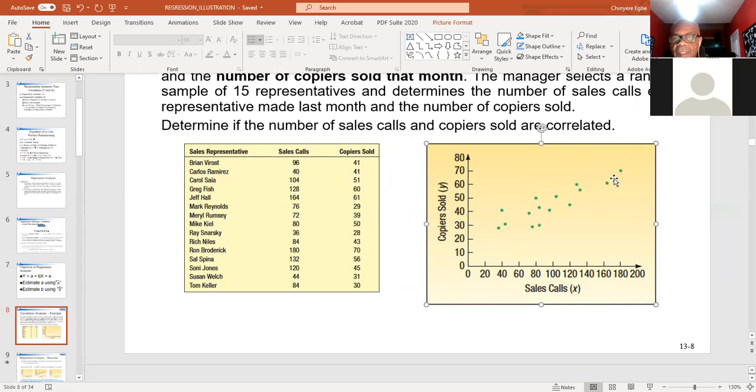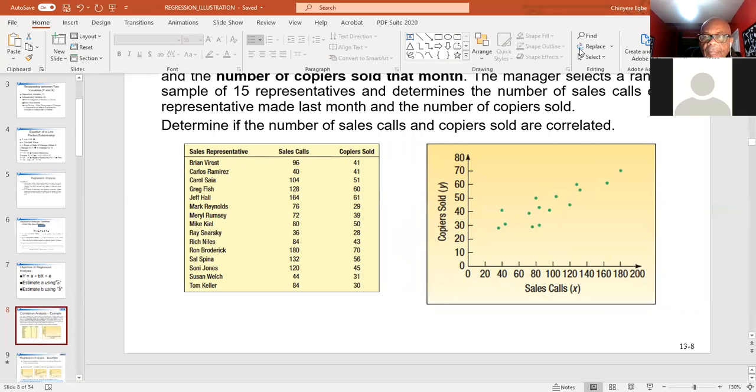The salesperson's skill in convincing somebody to buy, or just the luck that you call somebody who simply does not need a copier or does not have the money to buy one. So these are the reasons why you don't see this perfect line connecting the number of calls and the amount of sales. And so you can see that the relationship is not perfect.